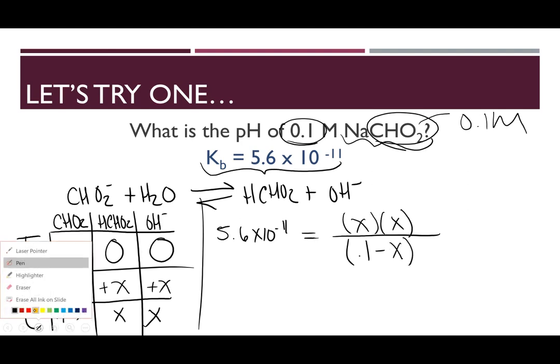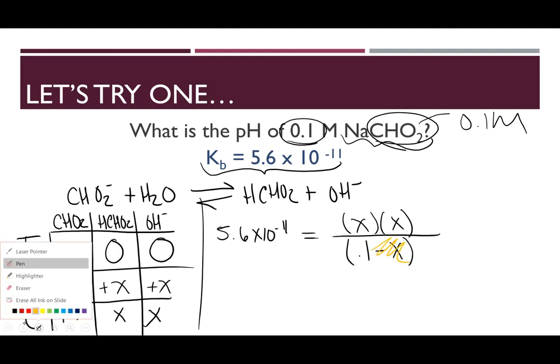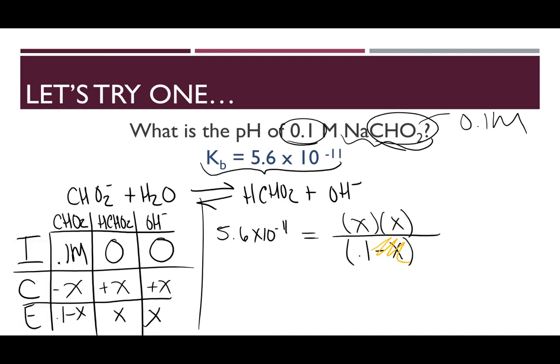And as always, I'm going to assume here that X is small and solve from there. So if I get rid of that X, we've got 5.6 times 10 to the negative 11 equals X squared over 0.1. To get X by itself, we're going to multiply by 0.1. Those cancel. And then, let me get my calculator here.